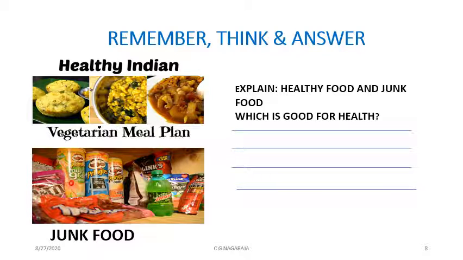In the second one, factory made items are there, like 7-Up, a drink, and Pringles. There are potato chips made out of them. Like that, many items are there. One of them is called healthy meal, the second is called junk food. You must explain why one is called healthy meal, the other is called junk food.